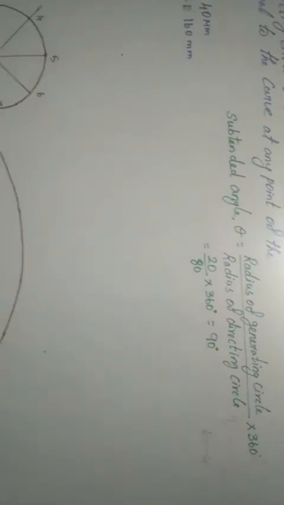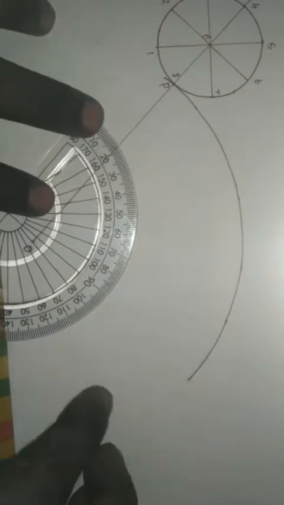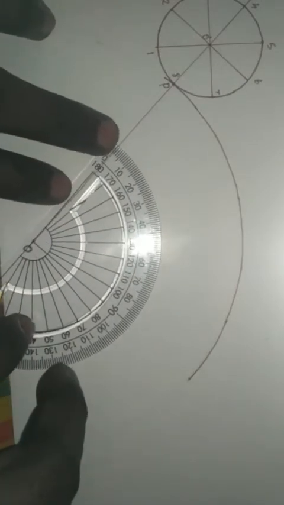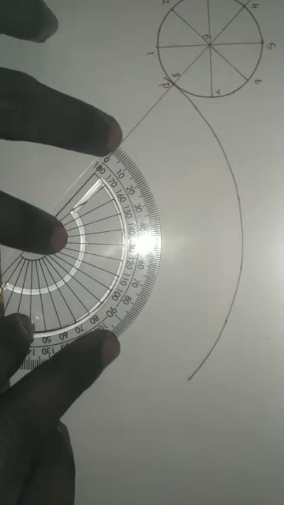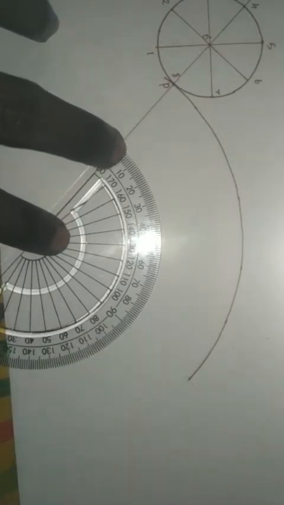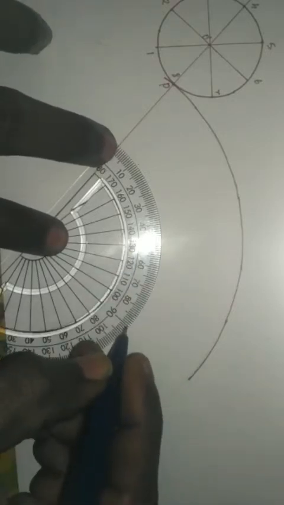So we found that, which is 90 degrees. Okay, so we are going to take point O as a reference, and along OP we have to place the protractor, then 90 degrees, because we found that the subtended angle is 90 degrees.